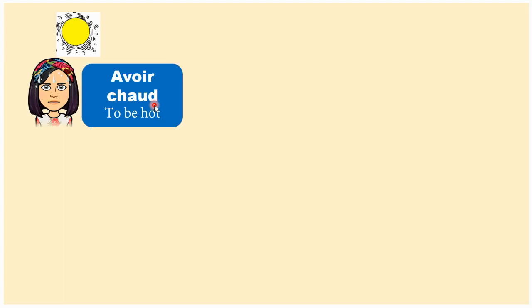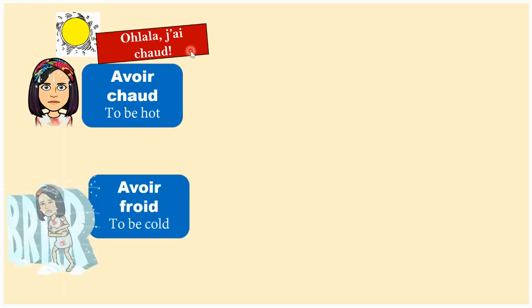To be hot. Avoir chaud. The D is mute. You do not pronounce the D. Oh là là, j'ai chaud. I am hot. To be cold, avoir froid. Brrr, tu as froid.